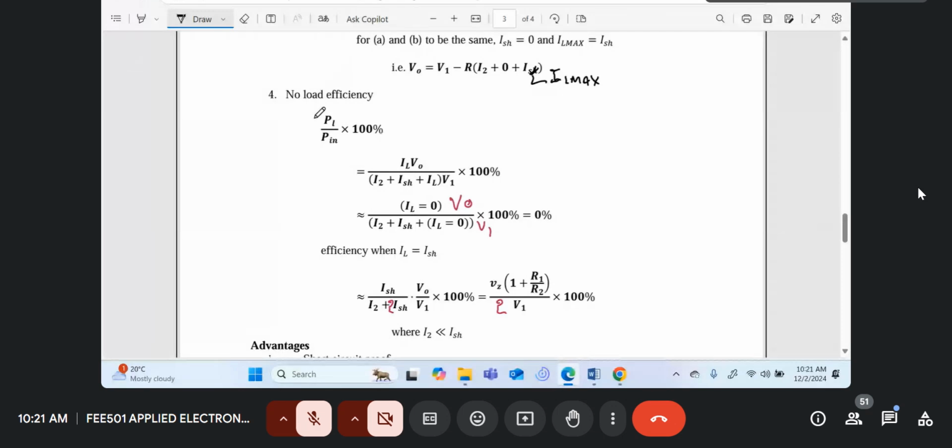We also give it the unit eta. So sometimes we write eta is P to the load over power in times 100. So this will give you the percentage.